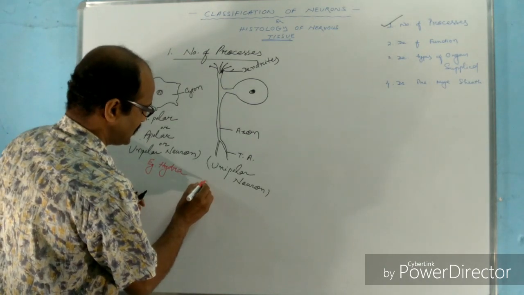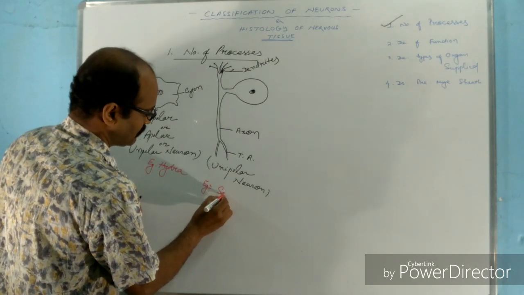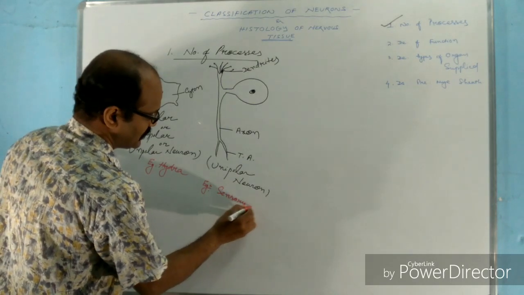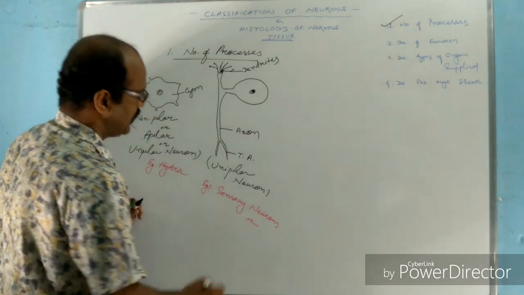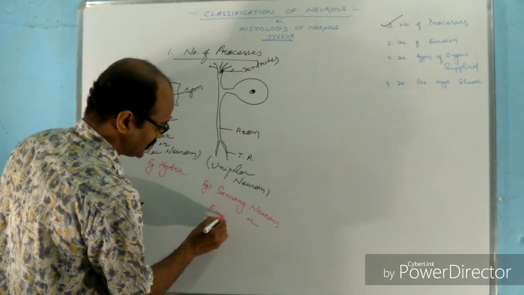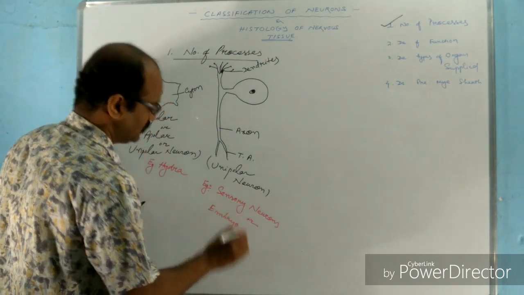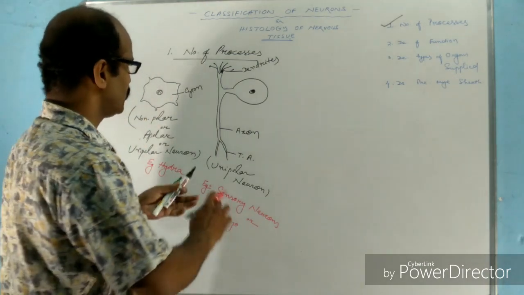Most of the sensory neurons are of this type, and such neurons are also present in the embryo.